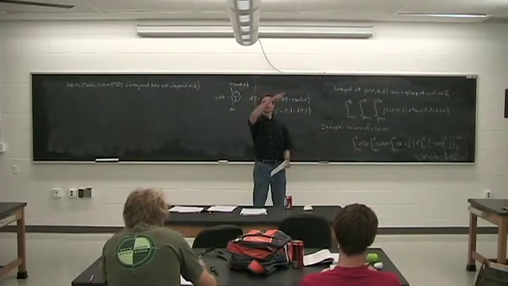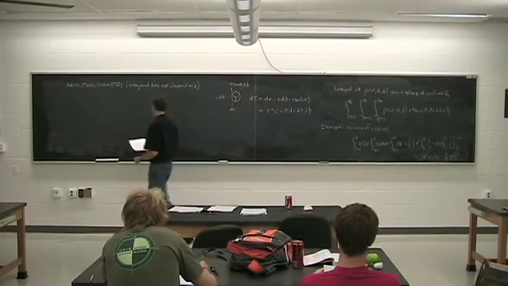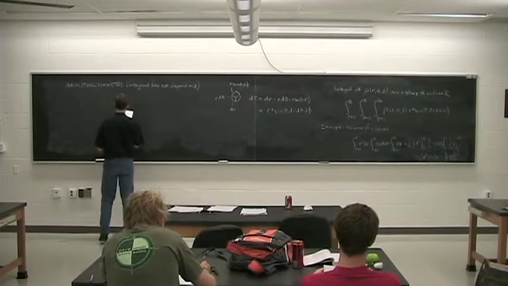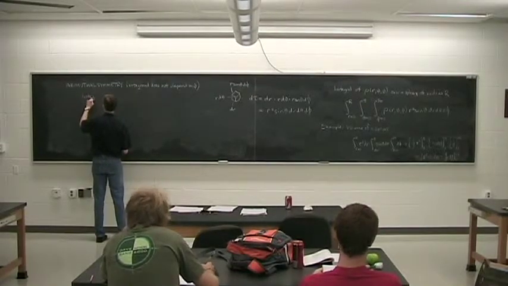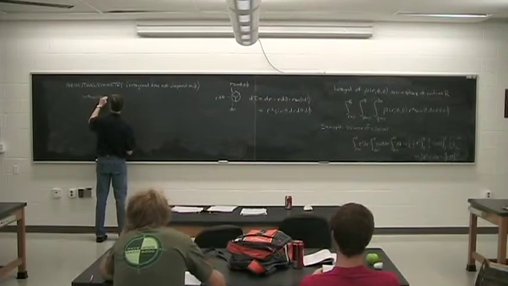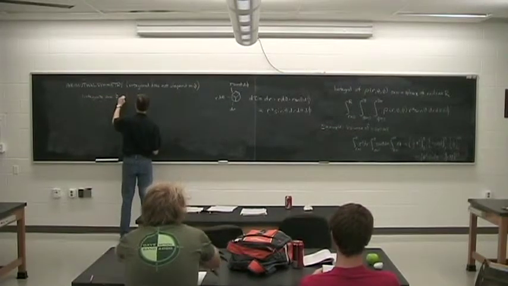If whatever you're integrating doesn't depend on the azimuthal angle phi, which is quite common, it might only depend on r and theta, then we can just integrate over phi to get 2 pi.